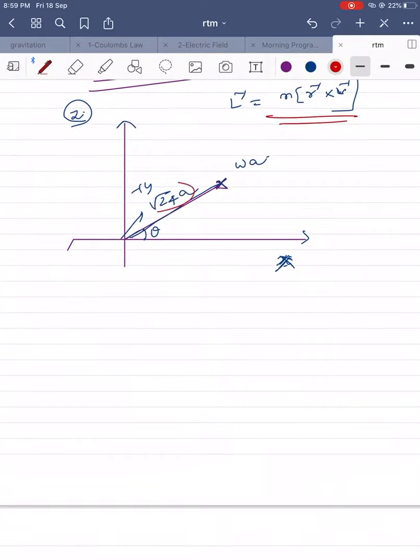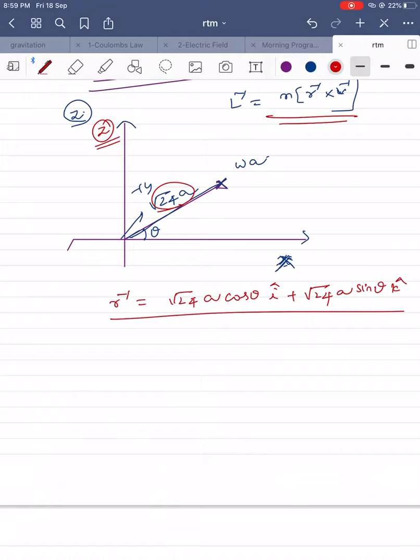Now r is the position. R bar I am writing as root 24 a cos theta i cap, and the vertical component plus root 24 a sin theta. Which direction is it? Along the z direction, so it is k cap. This is r bar.